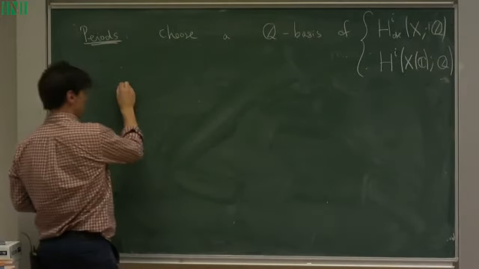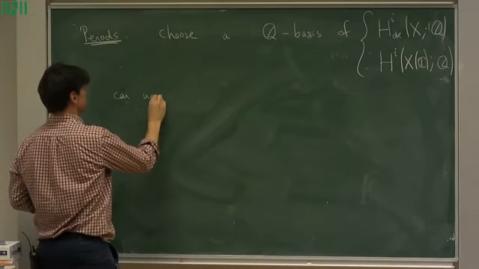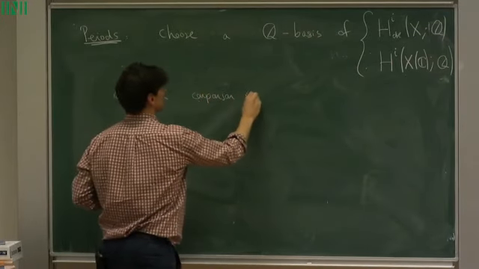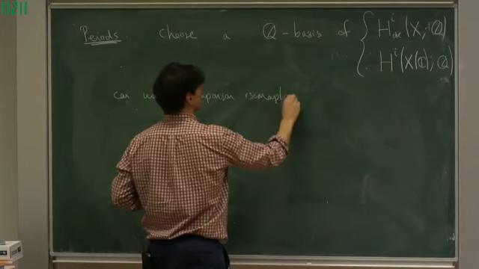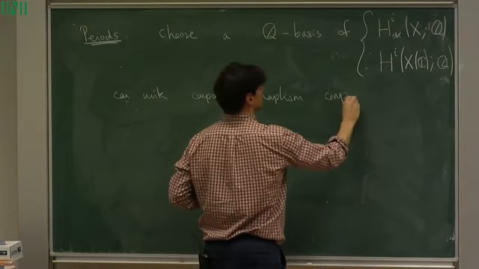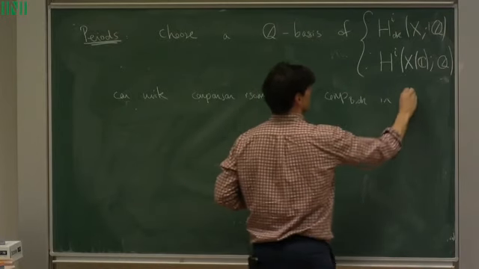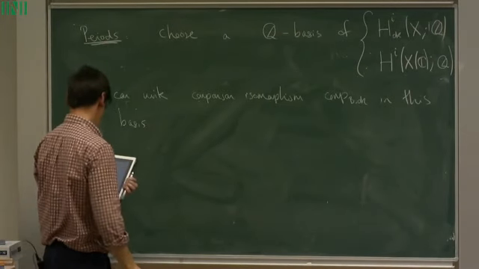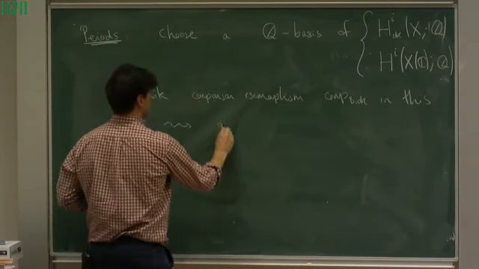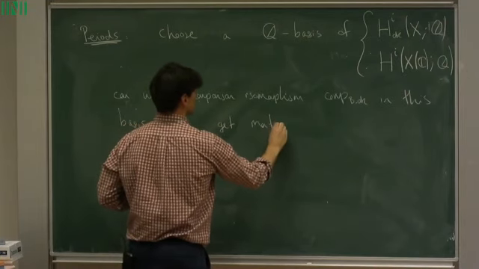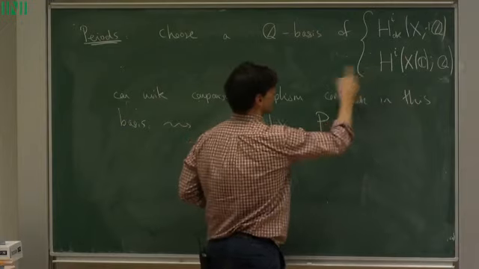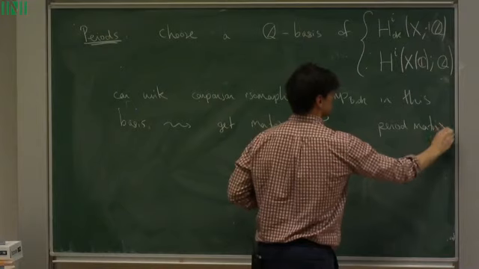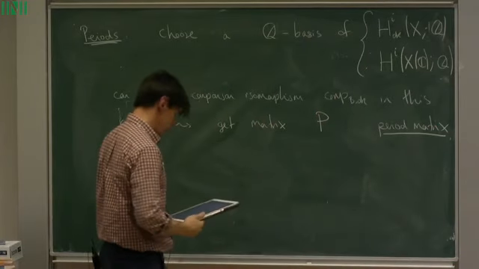Then you can write this comparison isomorphism in these bases, and you get a matrix, which is called the period matrix relative to these bases. So its entries are periods.